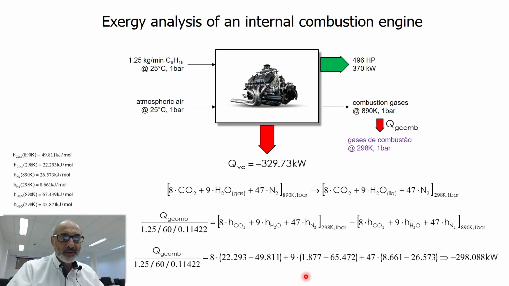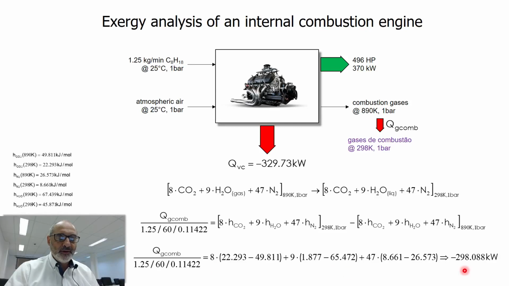To assess it, I only have to calculate the amount of heat that I have to remove from these combustion gases in order to bring them from 890 Kelvin to 298 Kelvin. We already did this in some slides ago. It's the same first law of thermodynamics: the heat removed is equal to delta H, so delta H is here.